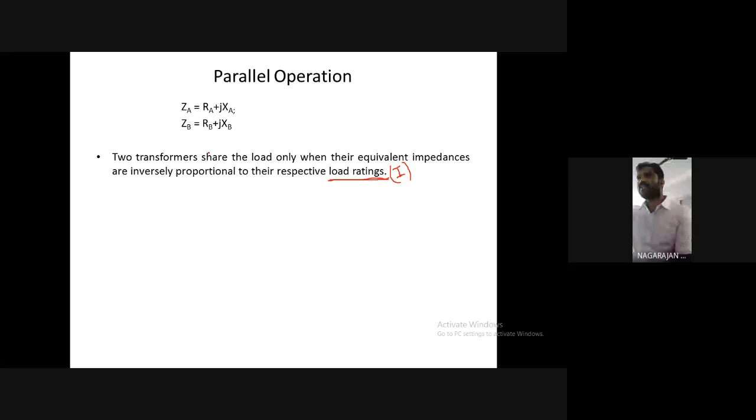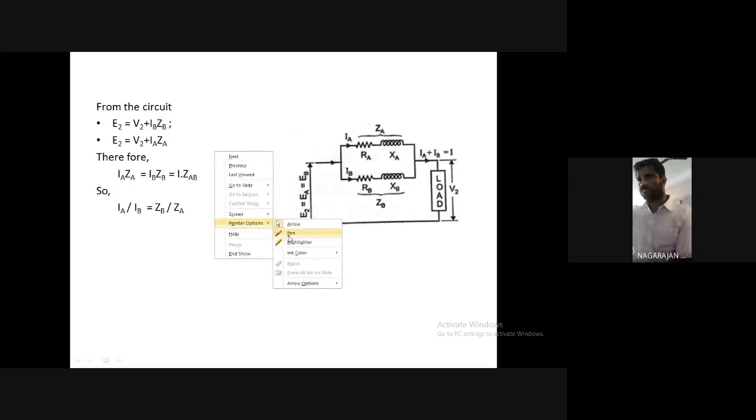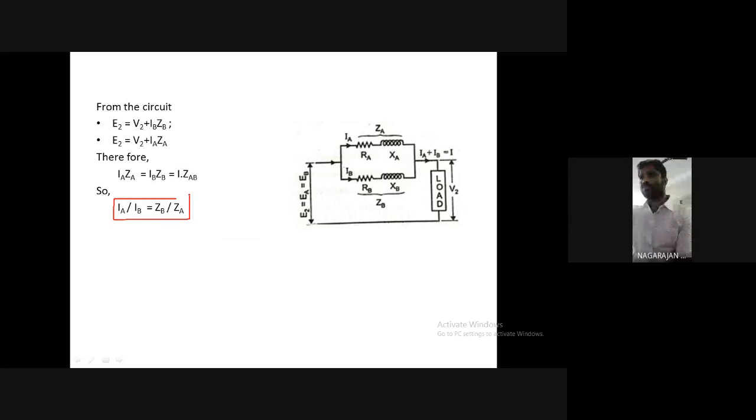So this theory states that the equivalent impedances of the transformers should be inversely proportional to their current ratings. That is what is written here: IA by IB is given as ZB divided by ZA. Out of this, I have taken only IA divided by total current equal to ZB divided by the total impedance. The same has been written here, IA by IB equal to ZB by ZA.